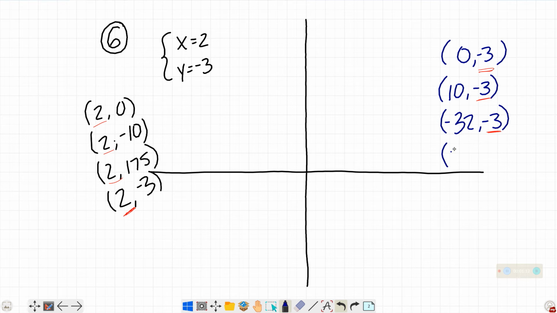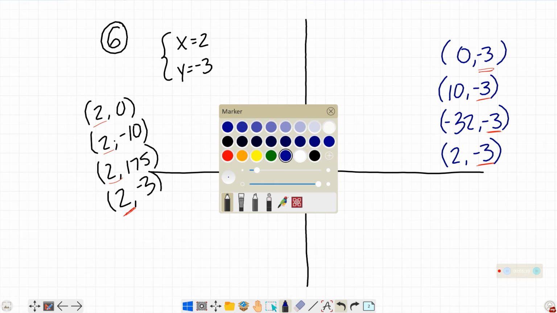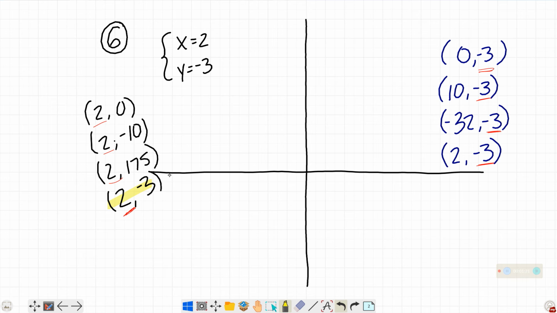But I could also have the point 2, -3, because it has a -3 in the y position. And if you notice, that works for this equation, and it works for this equation. So they are going to intersect at the point 2, -3.